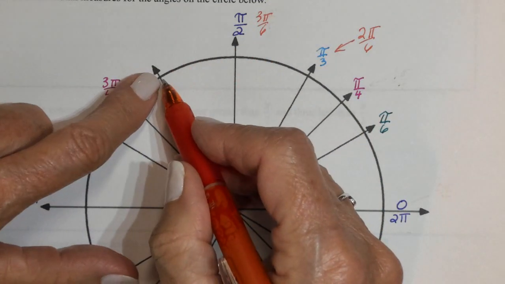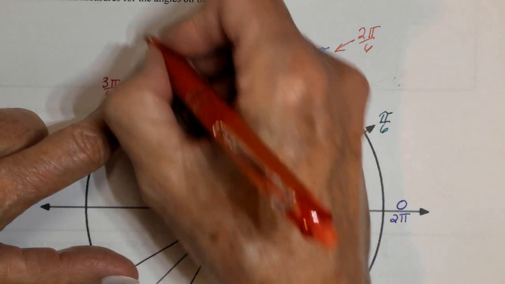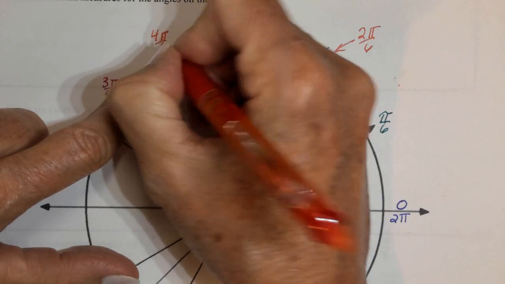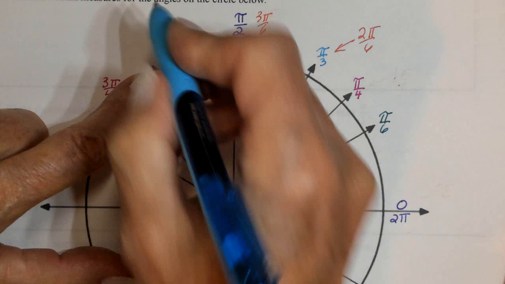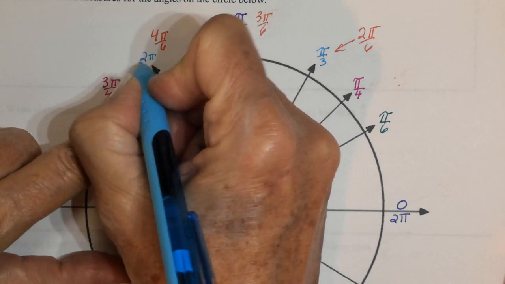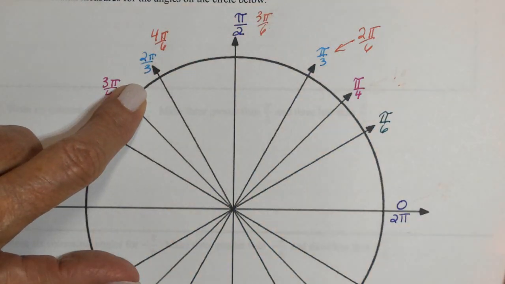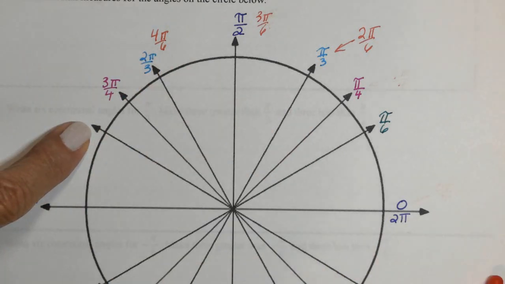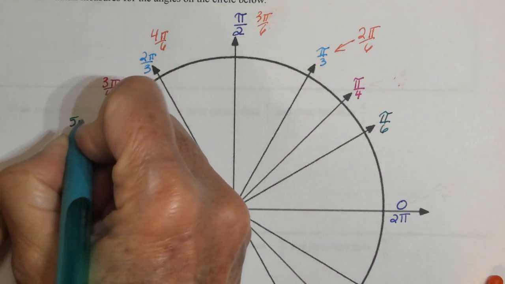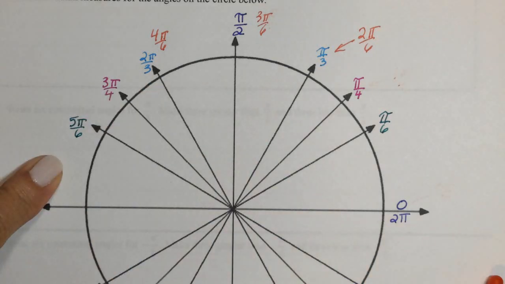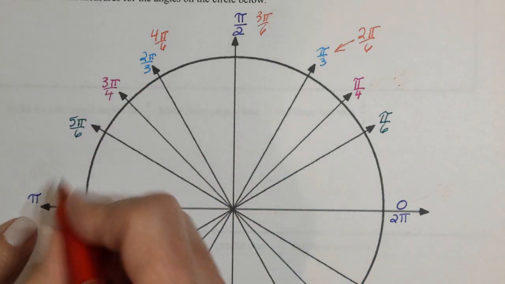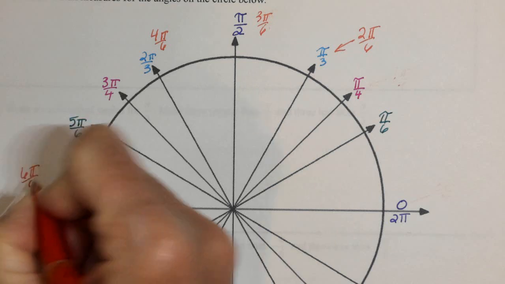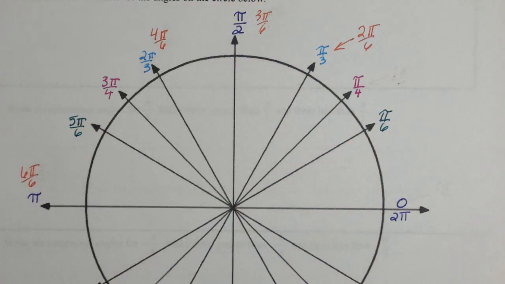Here we would hit 4 pi over 6. But what does that reduce to? That reduces to 2 pi over 3. We're going to go another pi over 6. 5 pi over 6. 6 pi over 6 is back to pi.